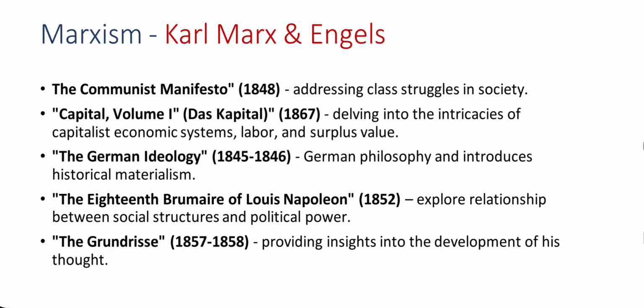This work critiques German philosophy and introduces historical materialism. Next is the 18th Brumaire of Louis Napoleon, 1852, an analysis of political events exploring the relationship between social structure and political power.